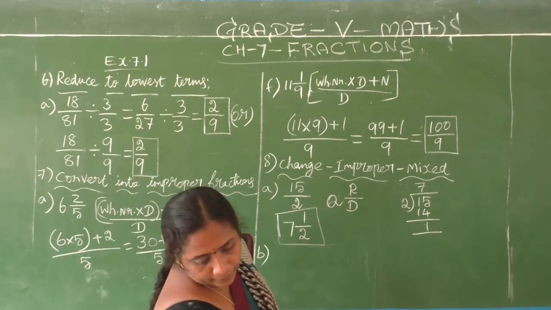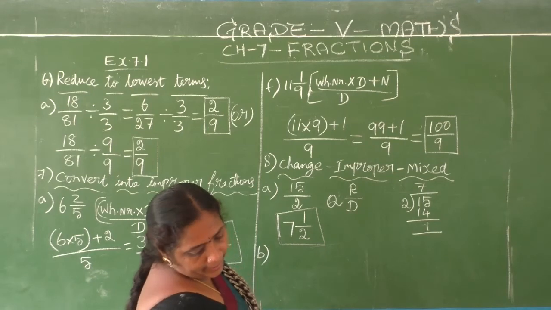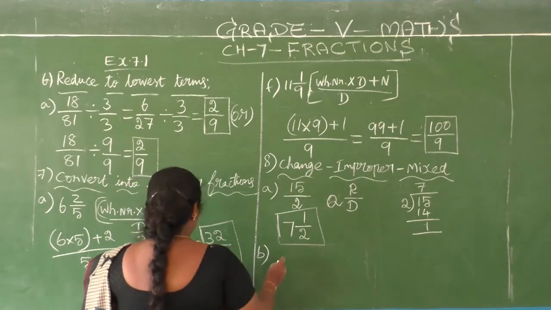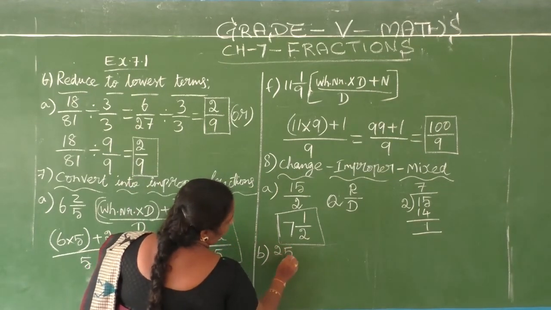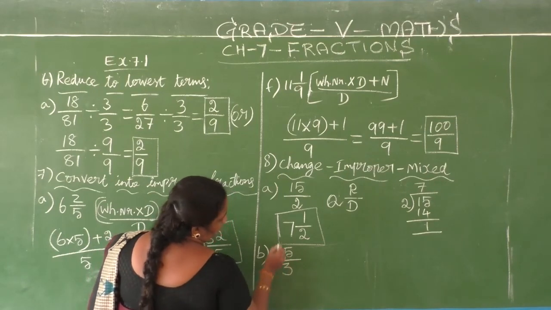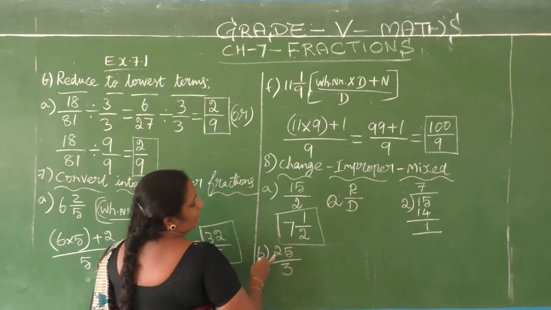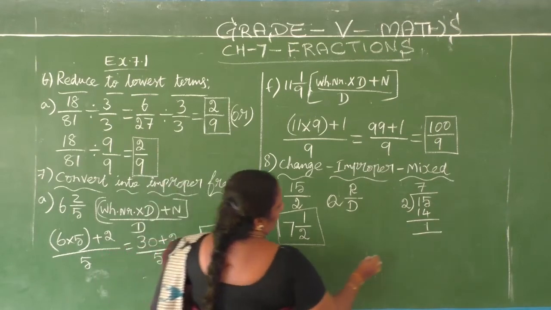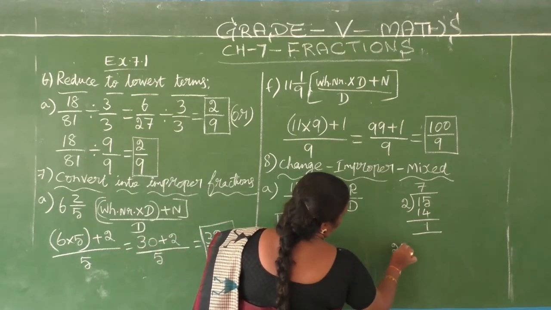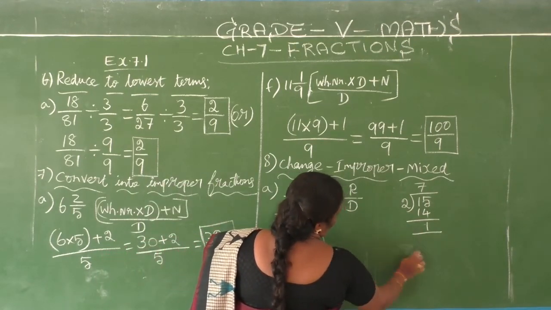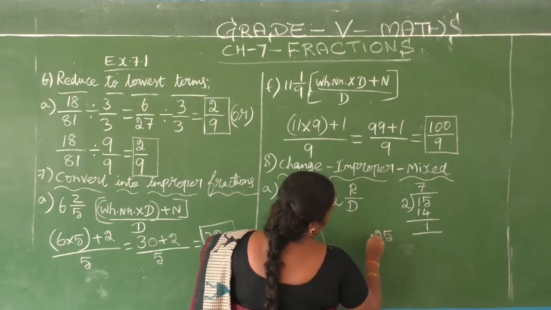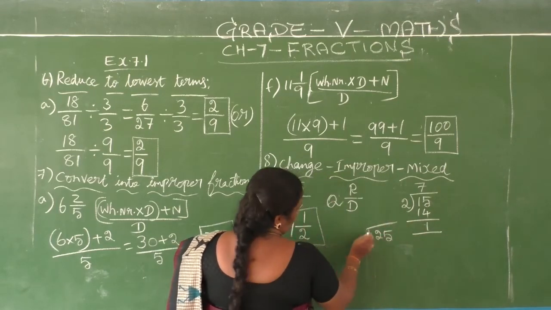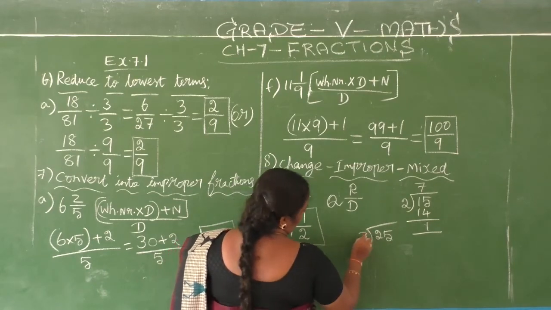B: 25 by 3. How can we convert it into a mixed fraction? We have to divide the numerator by the denominator. The numerator is 25, the denominator is 3.